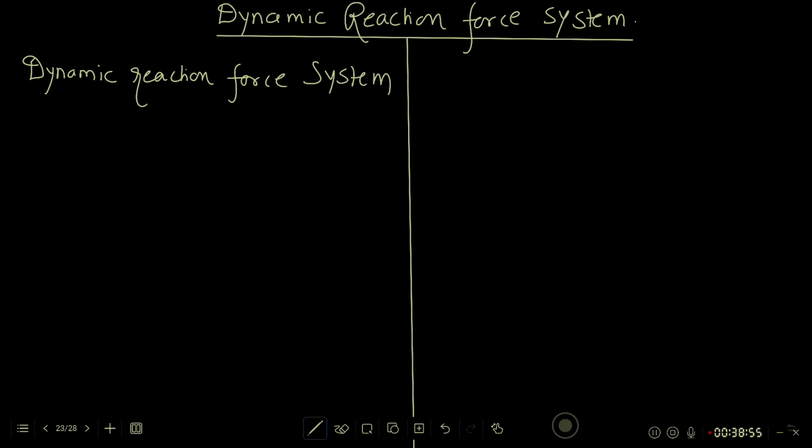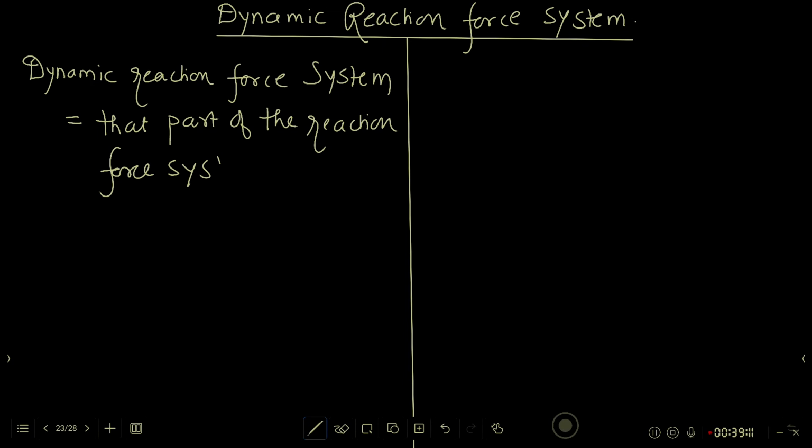The dynamic reaction force system is that part of the reaction force system that depends on motion, the motion of the RB. That's the definition.